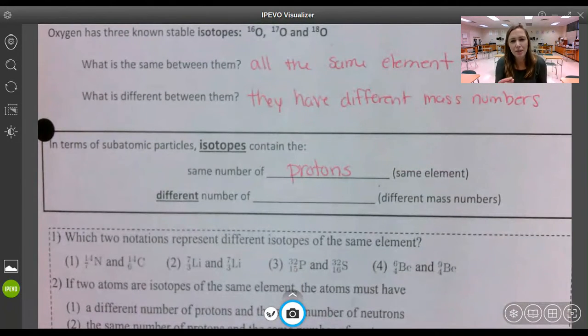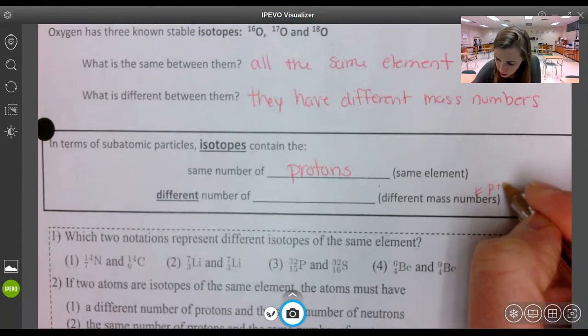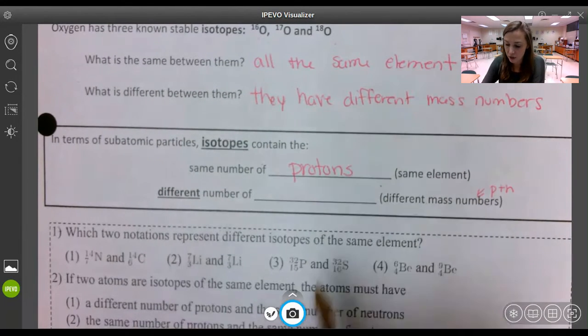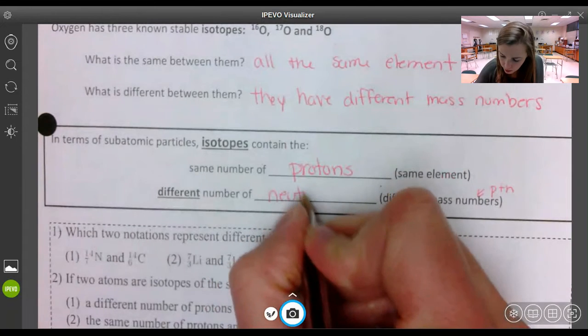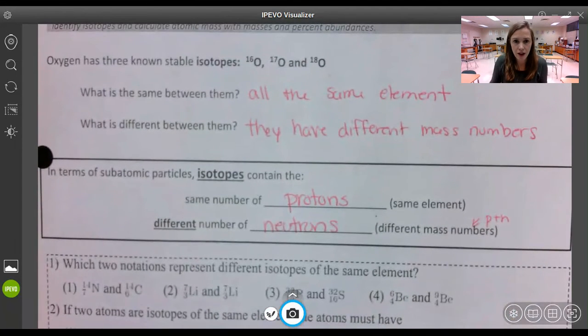So what makes them different? They have different mass numbers, and mass numbers are protons plus neutrons. If the protons stay the same, isotopes must have a different number of neutrons.